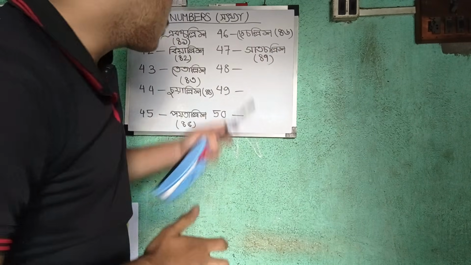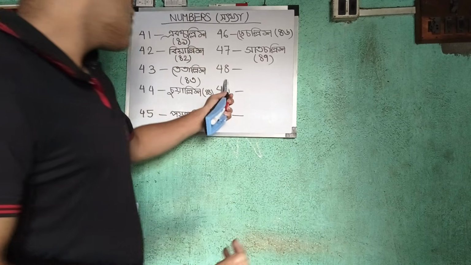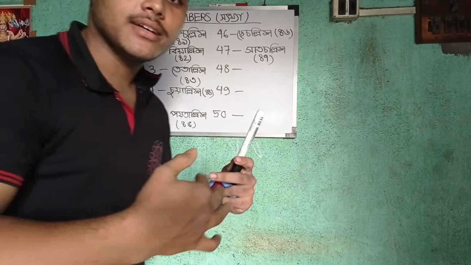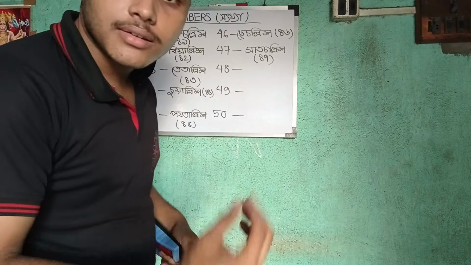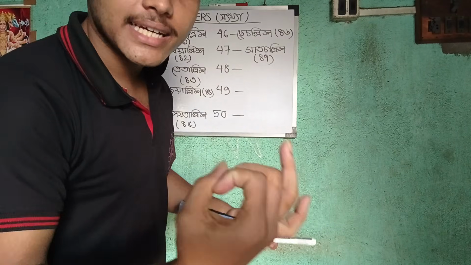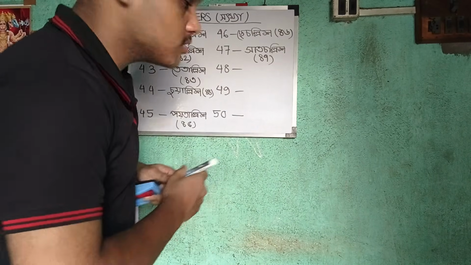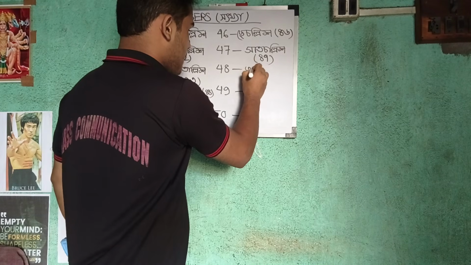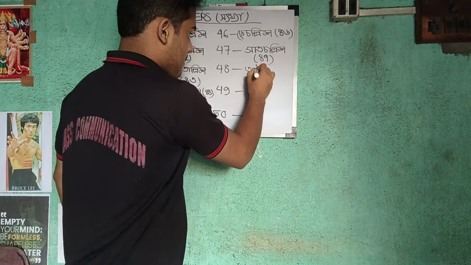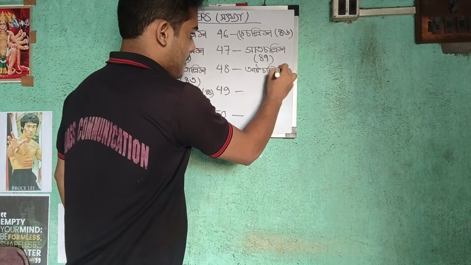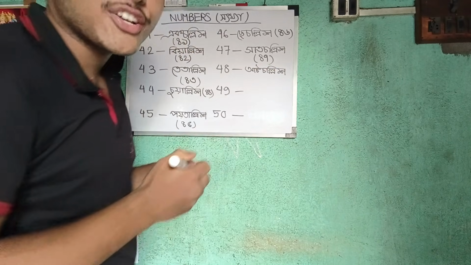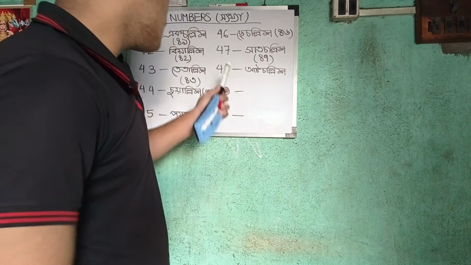After satachallish we have 48. So 48 means atchallish. At means 8 and then 40 means challish. So atchallish means 48.